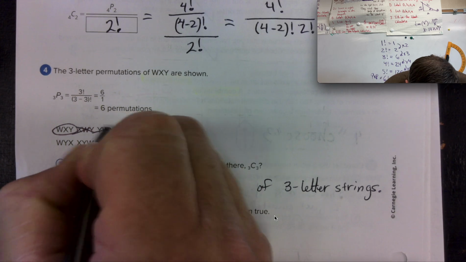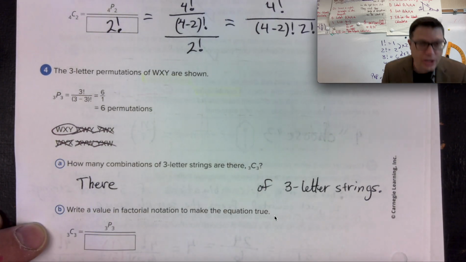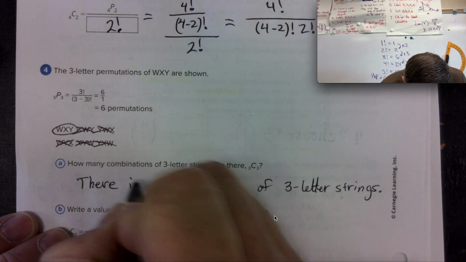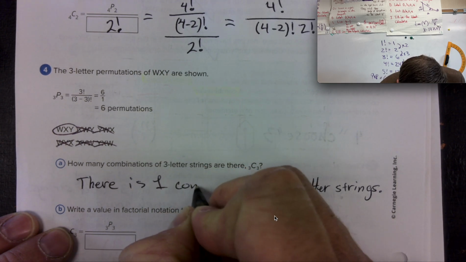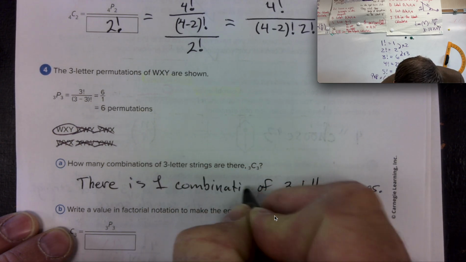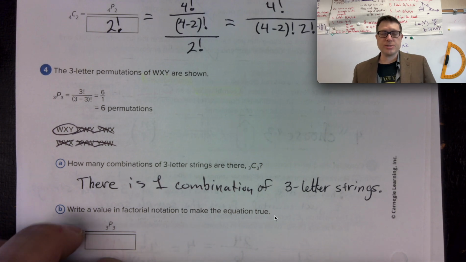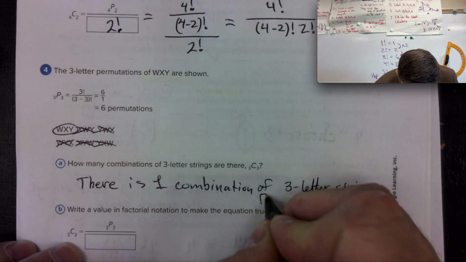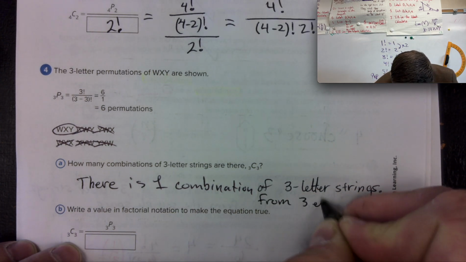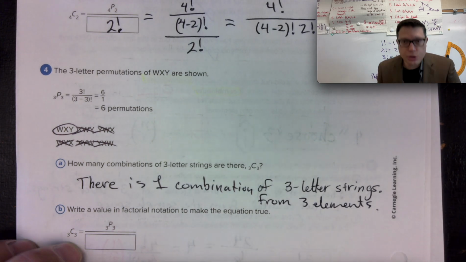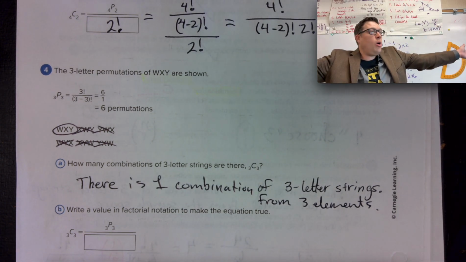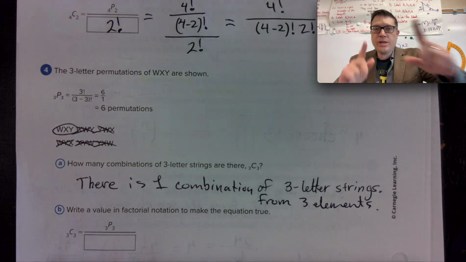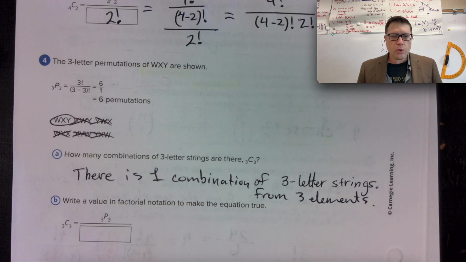This is the same as that, the same as that, the same as that. There is just one combination of 3-letter strings from 3 elements, because you chose them all. You chose every single one. And if you choose every single one, then you have just one way of rearranging them.